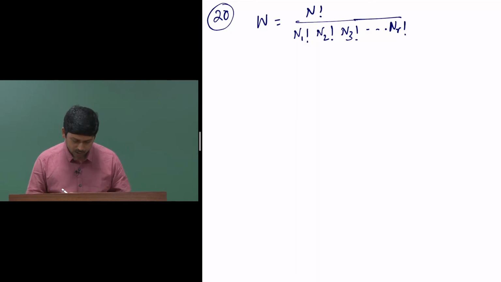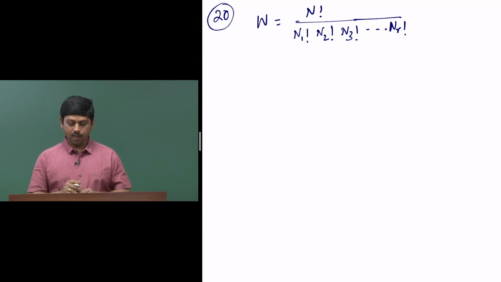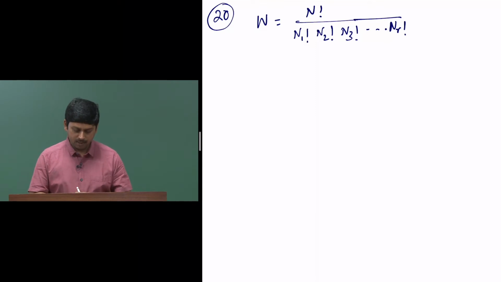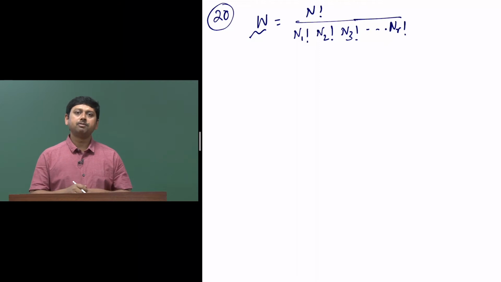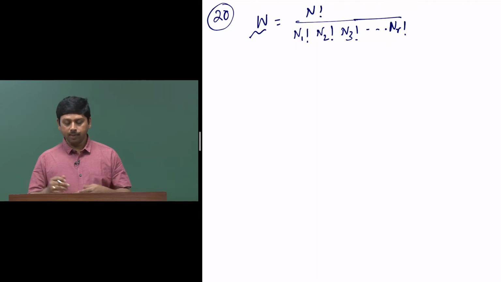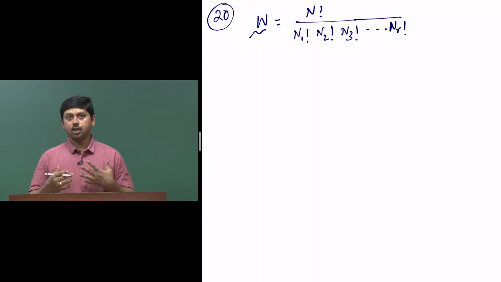So, the question asks us to show that for this multinomial distribution, when you maximize W, the maximum value will correspond to N 1, N 2 and N 3 all being equal to N by R. Now, how do we approach that particular problem? We have already derived the case of maximized W when we had a constraint of total energy and total number of particles, but in this case there is no energy constraint and only the constraint of particle number.